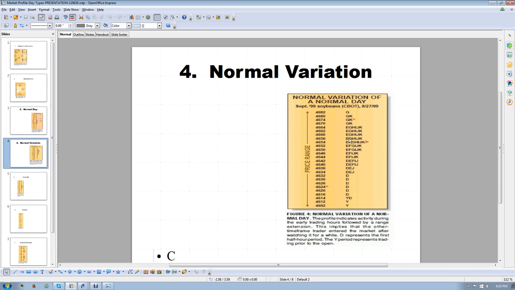And here's a normal day, same thing with a little bit of variation, meaning it tries to elongate a little bit. And in the early trading hours, we stayed up here and we can see, after the initial balance, another time frame trader, a bigger boy, in D period tried to extend and move the market down a little bit, but it just went back into value.